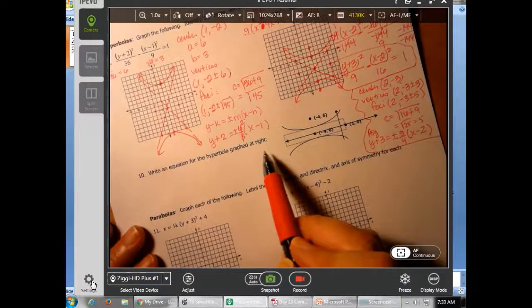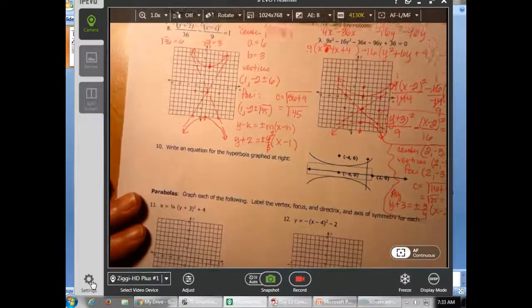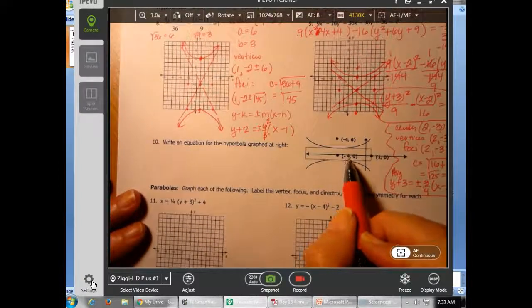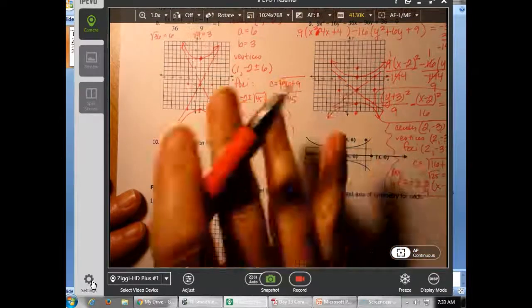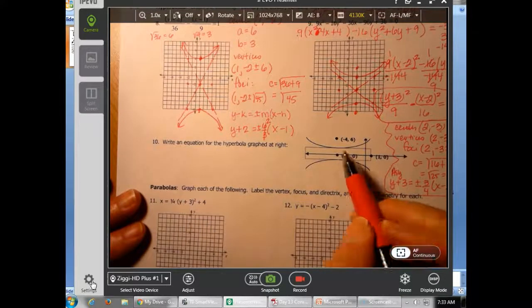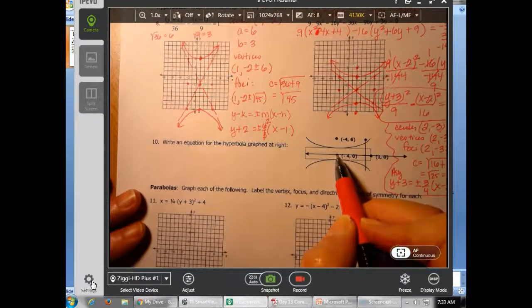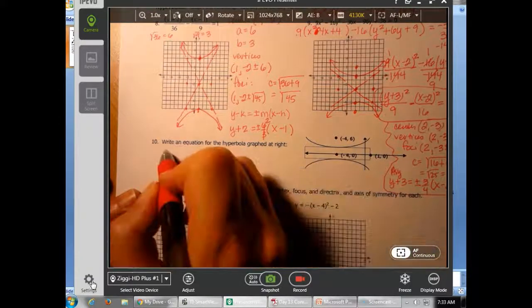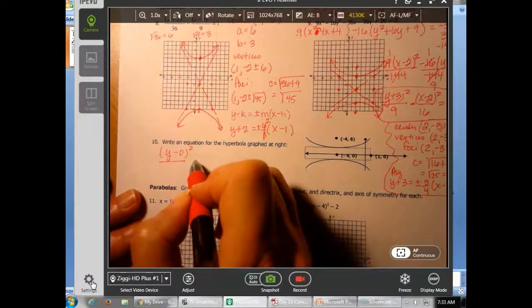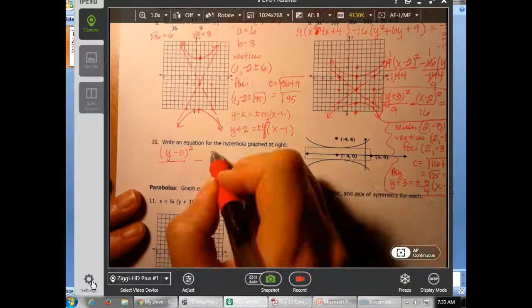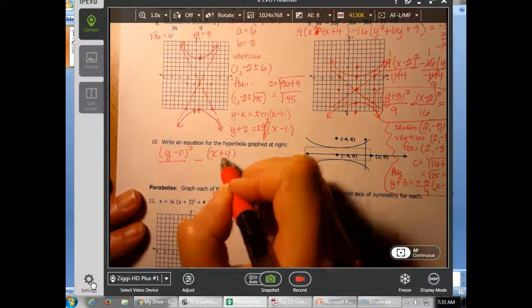All right, so moving on. Write an equation for the hyperbola graph at the right, and I know my center is -4, 0, and it opens up and down. So we've had a lot of up and down vertical ones here, but I know that I'm going to have y first, so y minus 0 squared, and then I have minus x plus 4 squared.